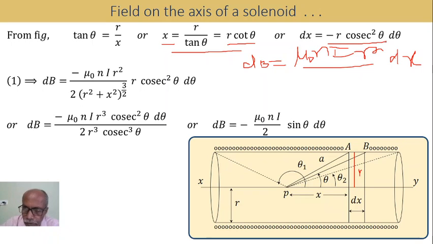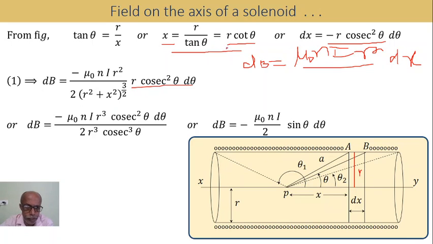That's the only difference that we have made. Therefore, it becomes dB equals minus mu naught Ni r square by 2 r square plus x square whole power 3 by 2 into r cosecant square theta d theta, or rewriting, we get dB equals minus mu naught Ni r cube cosecant square theta d theta divided by 2 r cube cosecant cube theta. For the denominator also we have substituted this value.